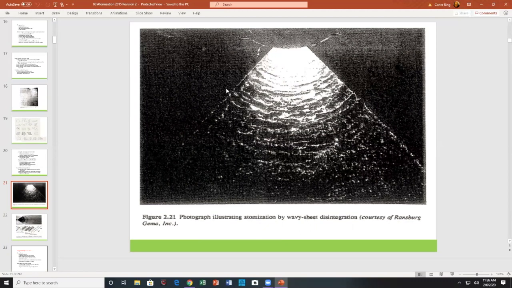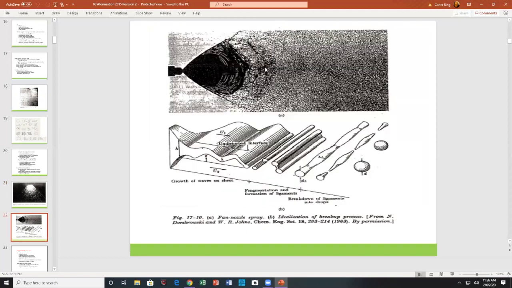And I also have an edge effect coming here. These drops along this edge, for whatever reason, look to be quite different in size than drop sizes here. And the variable of interest would be how thick this sheet is coming out.